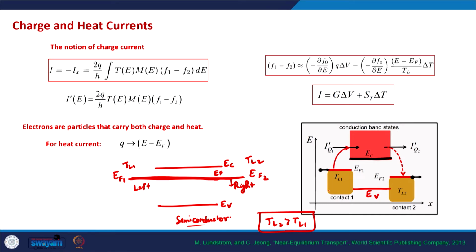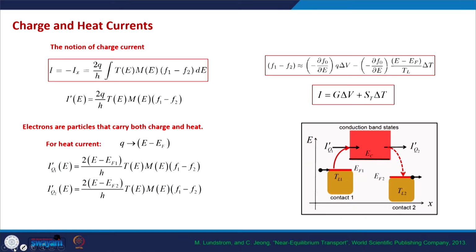In that case there is a net flow of electrons in the system. Electrons will start from the left contact, jump into the semiconductor conduction band, and from the semiconductor conduction band they will jump to the right contact Fermi level. In this case, the heat current from contact 1 to the semiconductor is given by I prime Q1 E at any energy E, which is 2 over h times (E minus EF1) times TE ME times (F1 minus F2).